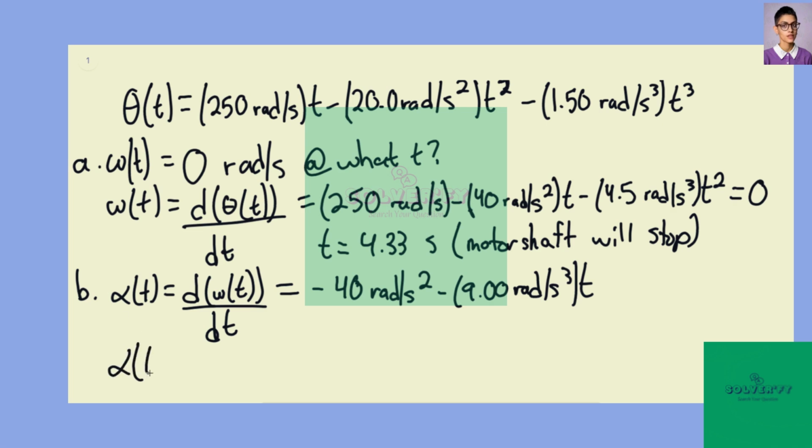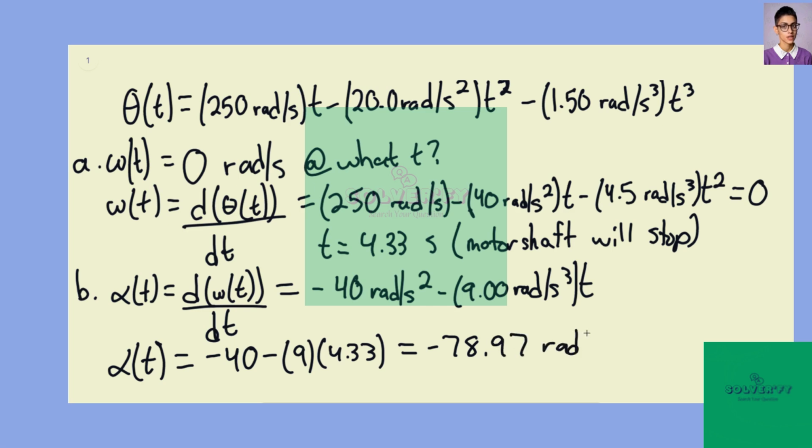So alpha at t equals 4.33 seconds will simply be negative 40 minus 9 times 4.33, and this is going to be equal to negative 78.97 radians per second squared.